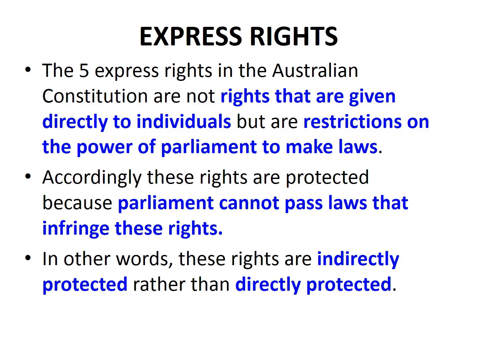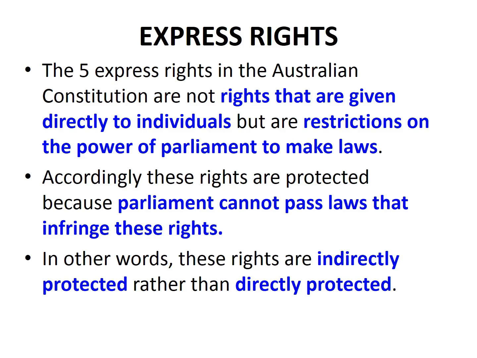That is, our Constitution includes 5 provisions that in various ways restrict the Commonwealth Parliament in the kinds of laws that it can make. And those restrictions are designed to protect individual rights.